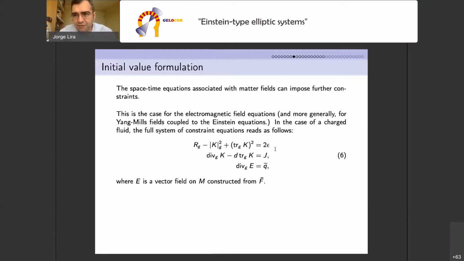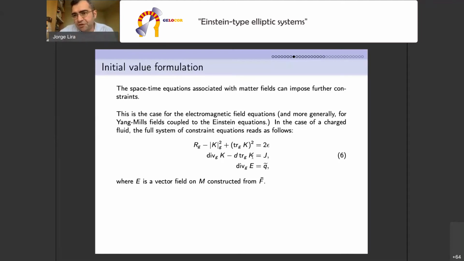6 is the full system when you have the first two constraint equations in the classical setting, but with epsilon and j determined by some particular choice of the matter in this universe. In our case, as I said, it is this charged fluid, which has some charge density Q in the right-hand side, and this Q determines the electric field. The electric field is one of the aspects of the electromagnetic form.